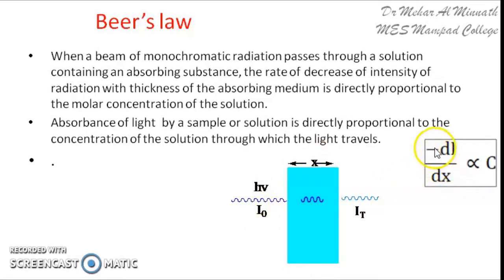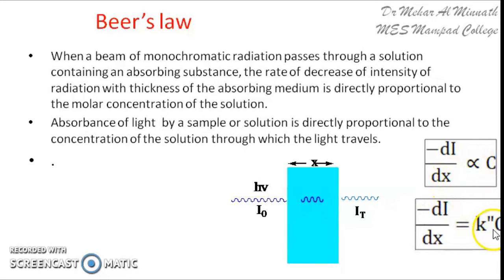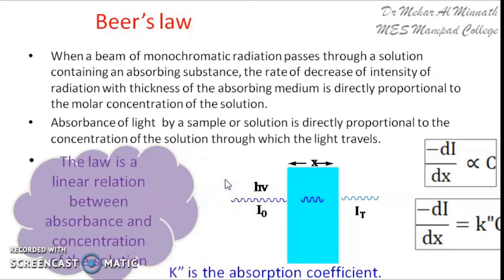Here you can put it as minus dI by dx is proportional to C. In Lambert's law, we had put it as minus dI by dx is proportional to I. Removing the proportionality sign, you get k'' C, where k'' is again the absorption coefficient, which depends on the nature of the medium and nature of the radiation. So Beer's law is a direct relation between absorbance and concentration of the solution.